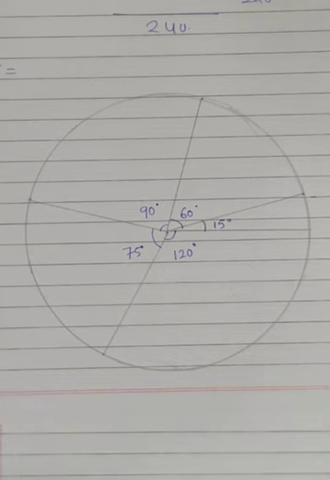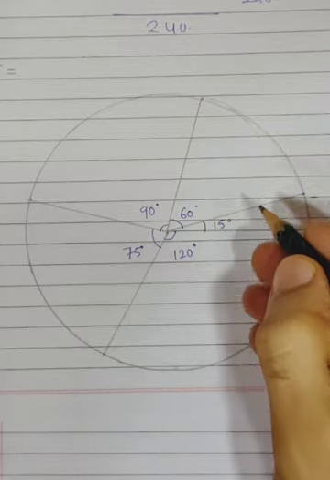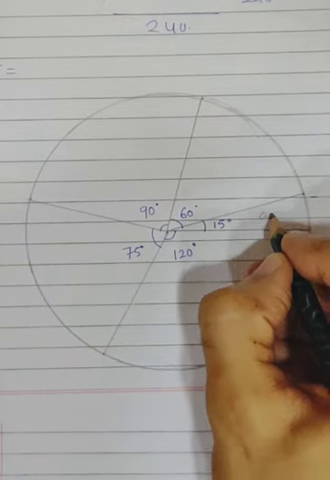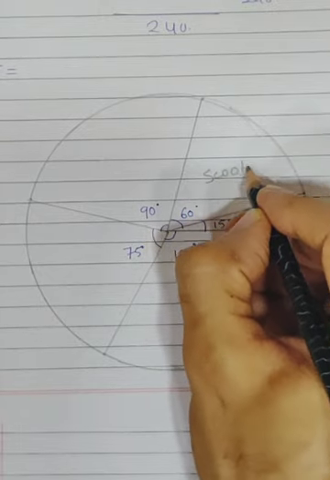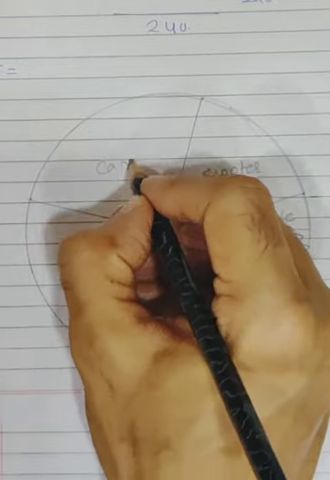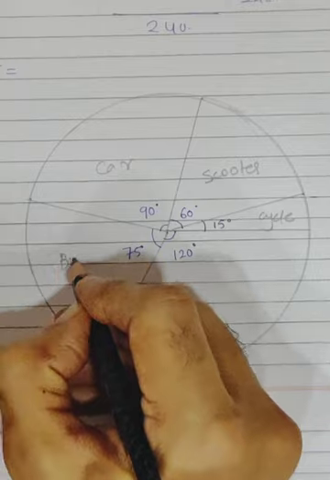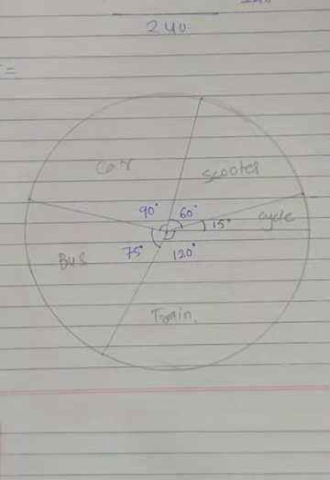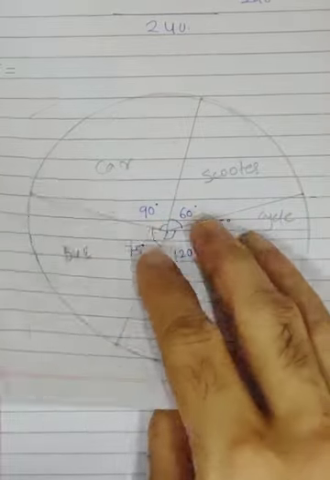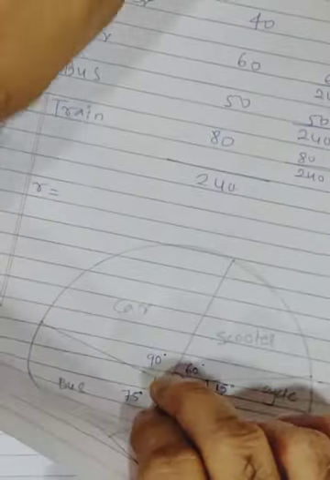You don't need to shade and all. But what you can do is you can just write inside this how you went. So this was bicycle, then this was what? A scooter, then this was a car, then there is a bus, and then there is a train. Okay. So yeah, this is how you need to draw a pie chart.